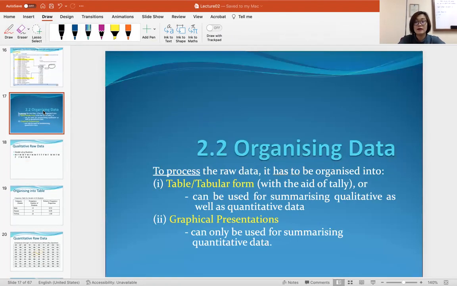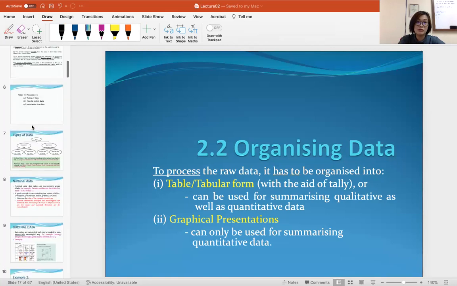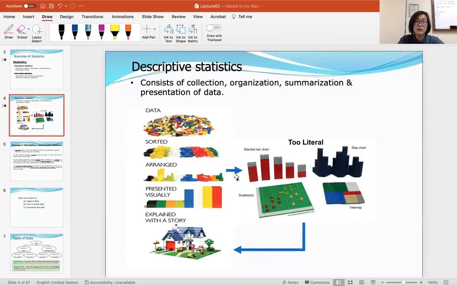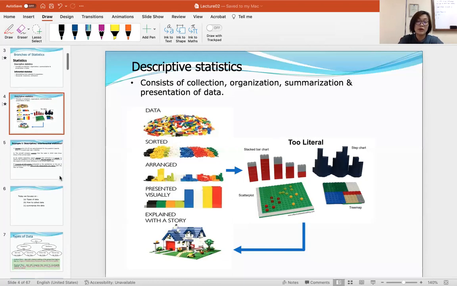So, organize data. Once we know the different ways of sampling, we organize the data, like I mentioned just now. We sample and then we organize it.